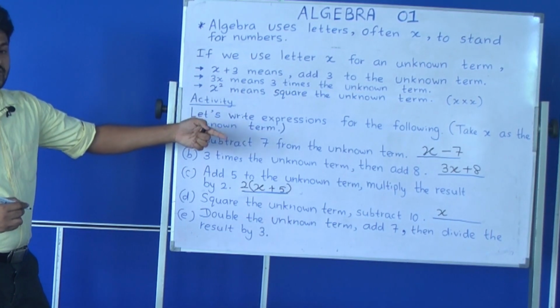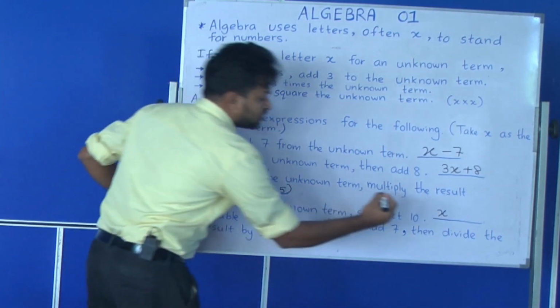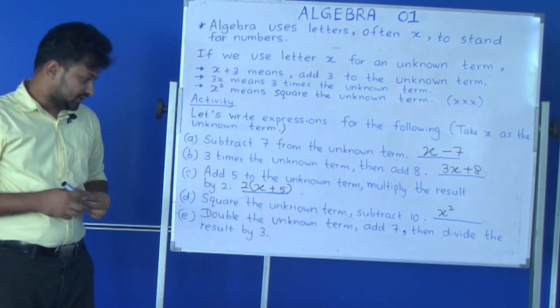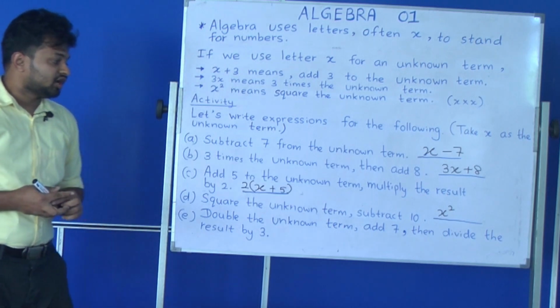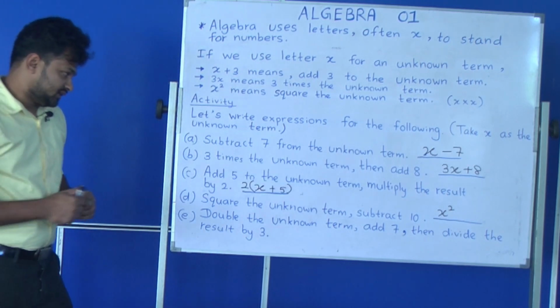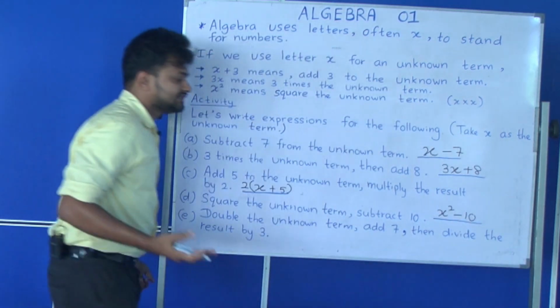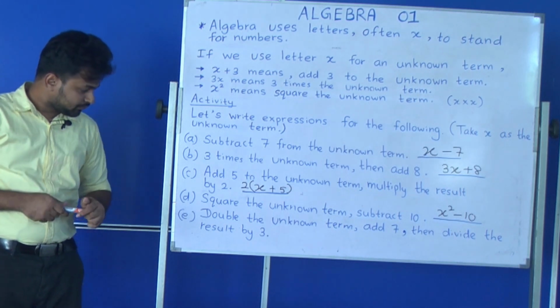Square means we are going to get the power of 2 of that unknown term. x to the power 2. That is called squaring. Square the unknown term. Then what are we going to do? We are going to subtract 10 from that. It's simple.